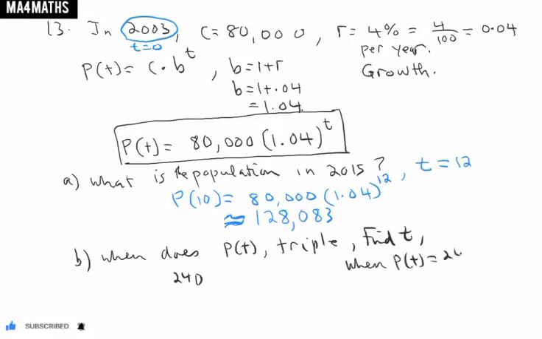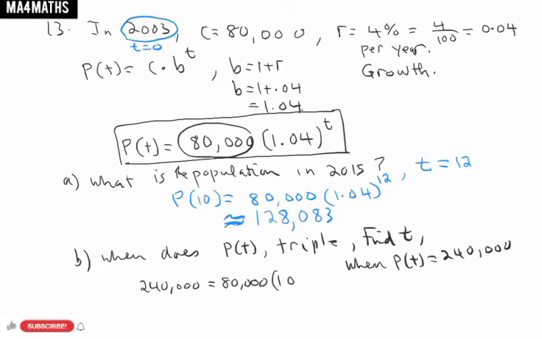How did I get 240 again? I just multiply this by 3, right? So if we solve this, P of T is 240,000 equals 80,000 times 1.04 to the T. And this is identical to what we did just now.